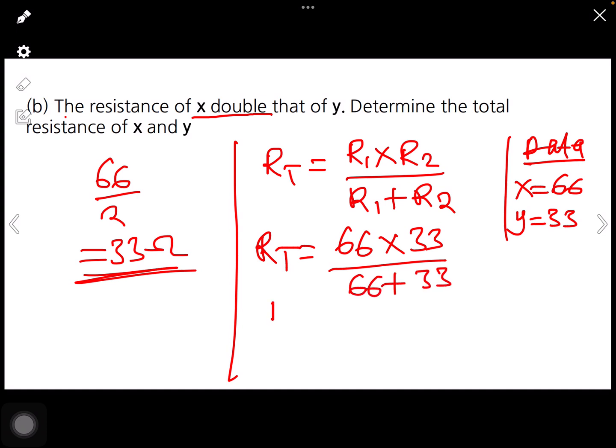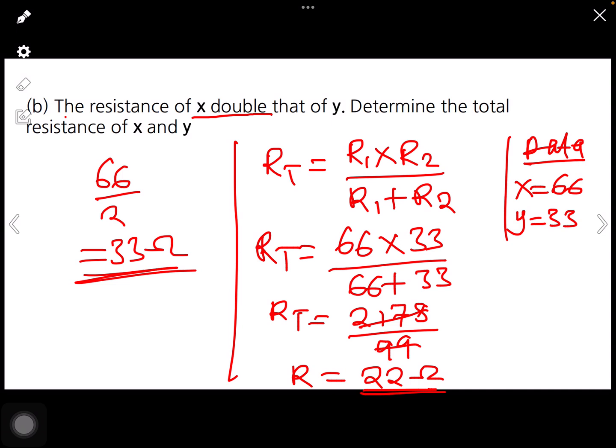On top, 66 times 33 gives 2178. Below, 66 plus 33 gives 99. When we divide, we get 22 ohms. This is the value of the total resistance.